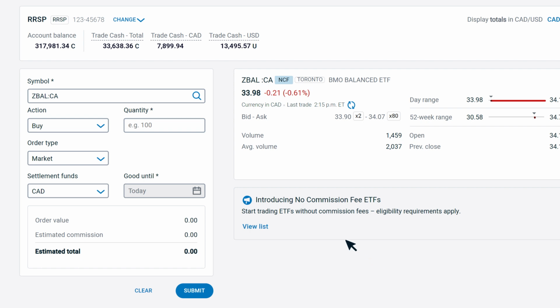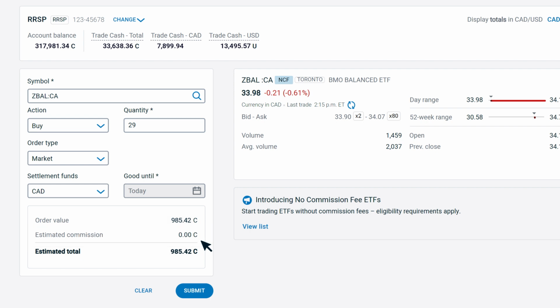So to factor that in, we would just need to enter 29 shares and have the form calculate the total amount needed to place this trade. When we enter 29 in, we see that the estimated total is $985.42. We see that for this trade, the estimated commission is $0 as we are buying a no-commission ETF.